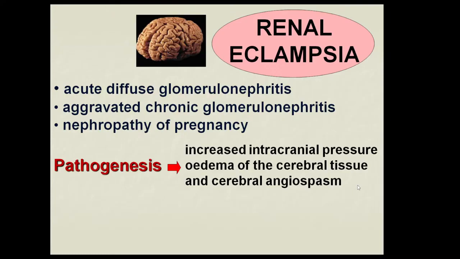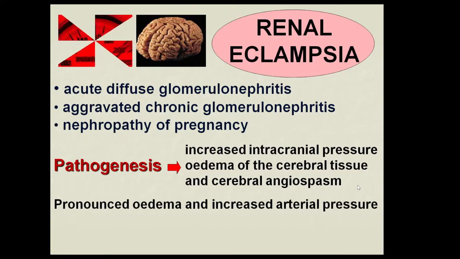As a pathological response of the central nervous system to any pathological process, we see specific convulsions, which are the main clinical sign of renal eclampsia. Provoking factors are pronounced edema and uncontrolled increased blood pressure.